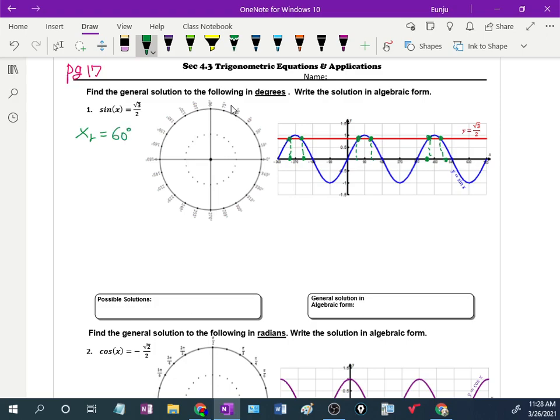So we know that this is about 60 degrees, okay? And all students take calculus. As we know, this is a positive quantity, so we have an answer in the first and second quadrant. Not here, not there. So we have two angles, 60 degrees and 120 degrees, right?